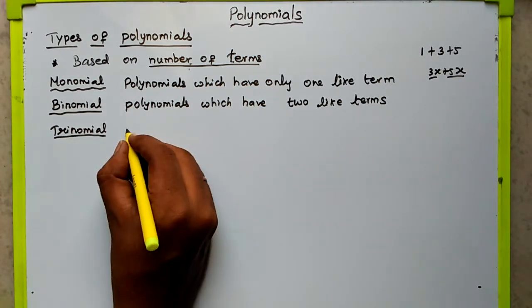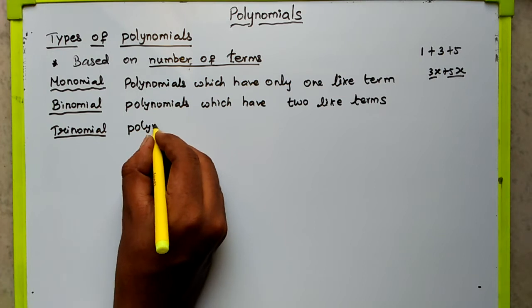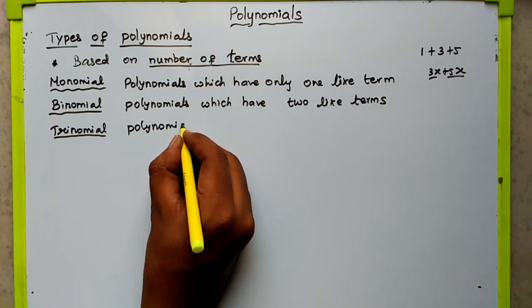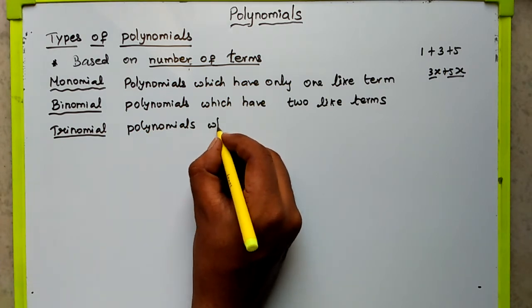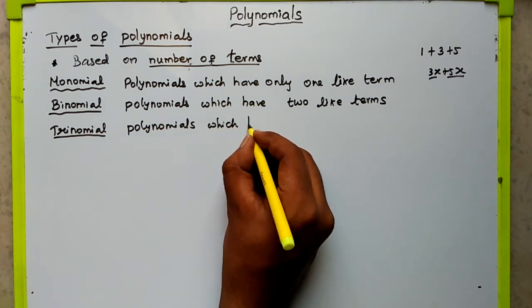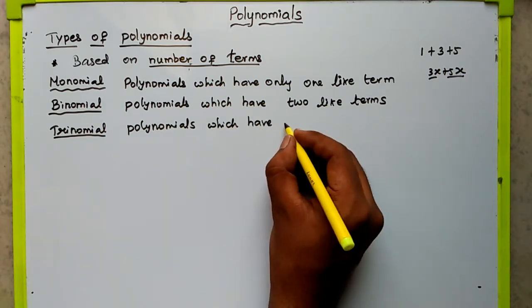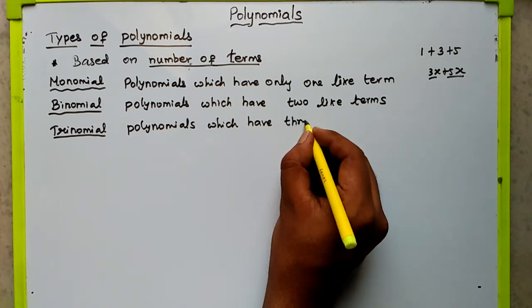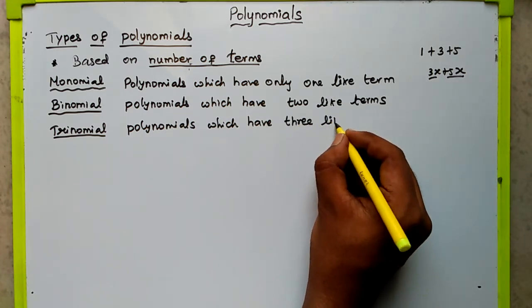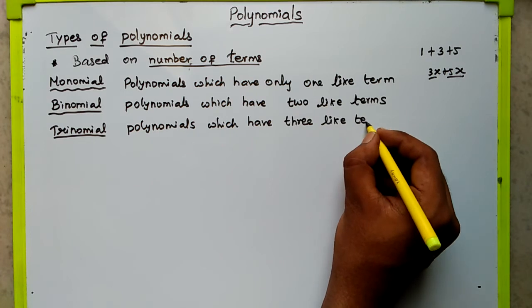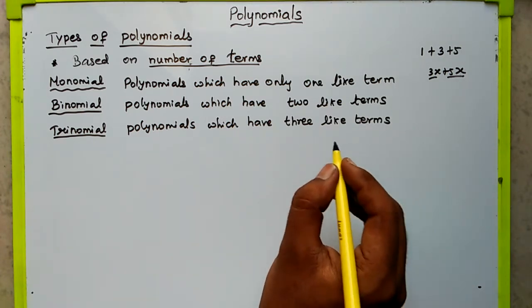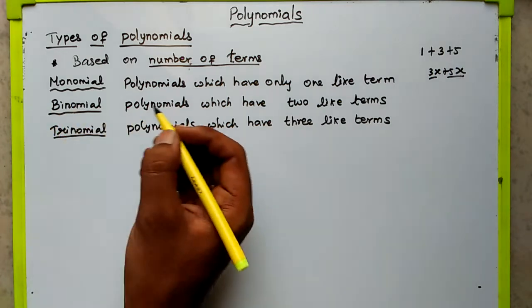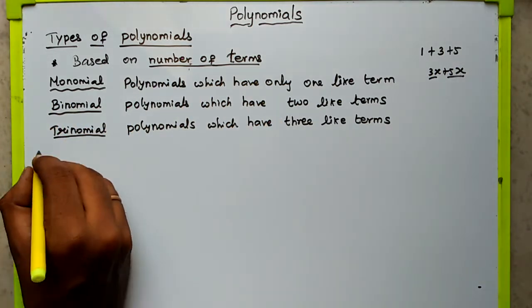Trinomial, so the same way only. Polynomials which have three like terms. So monomial, binomial, trinomial.